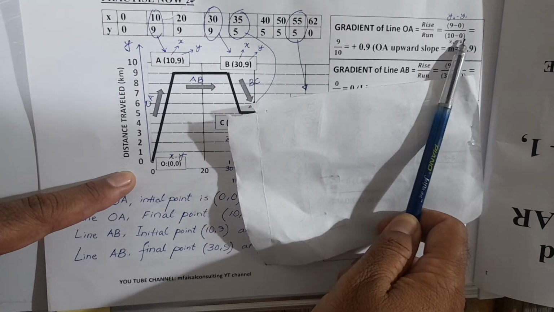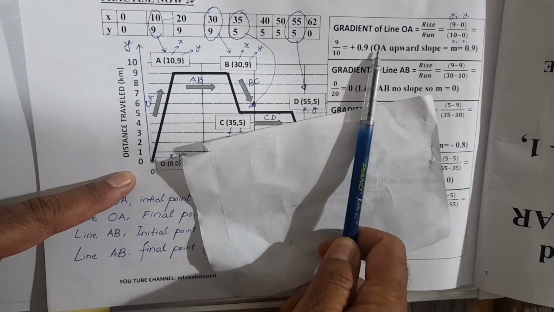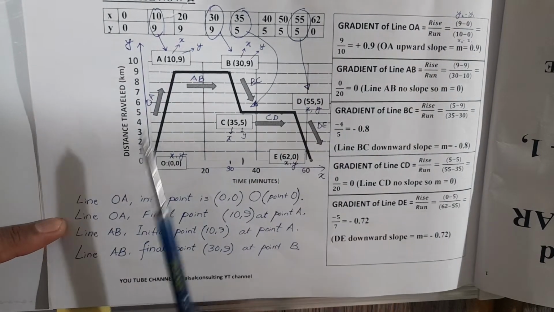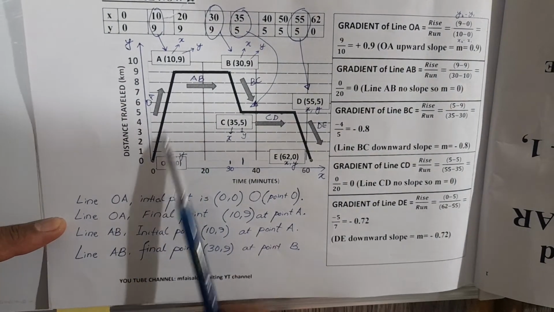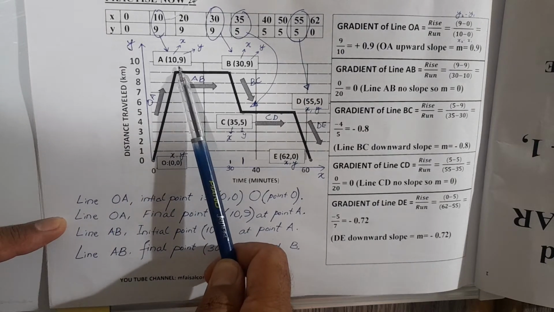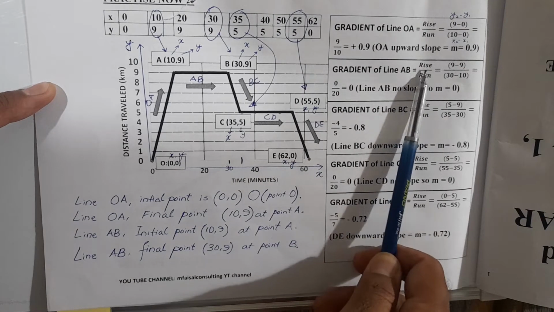The final position on the x-axis is 10 and the initial position on the x-axis is 0, so 10 minus 0 is 10. So 9 divided by 10 is 0.9. It is positive, which means this line moves from left to right upward. The slope is 0.9.